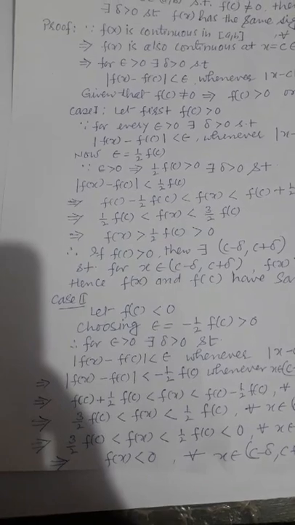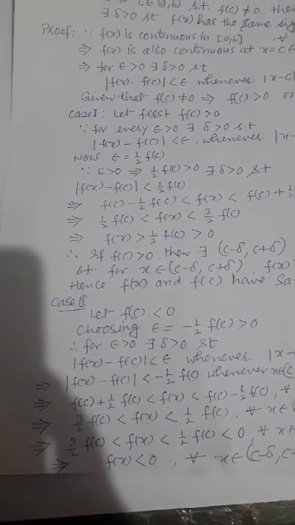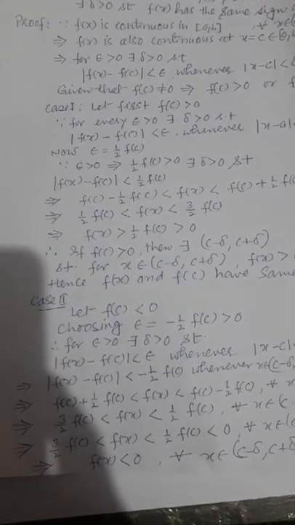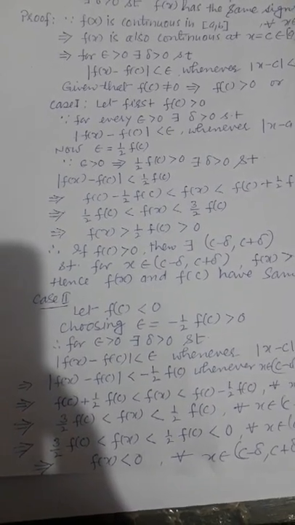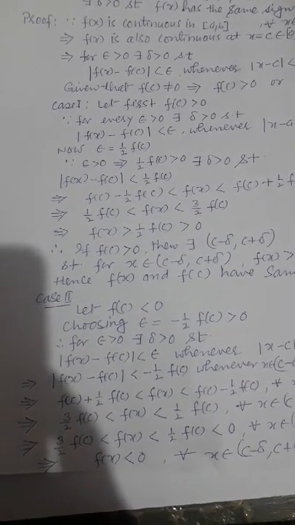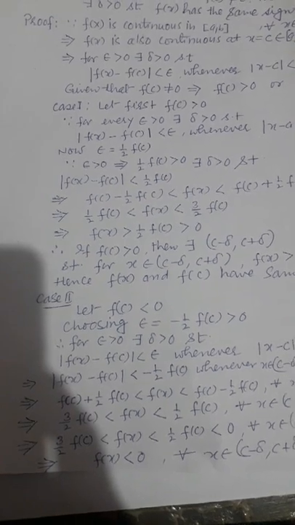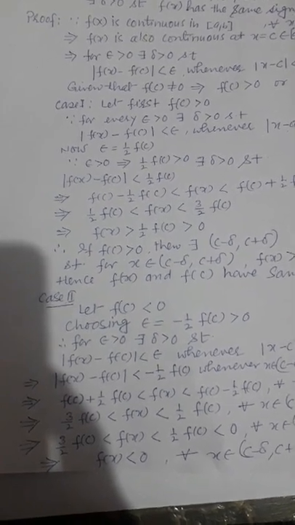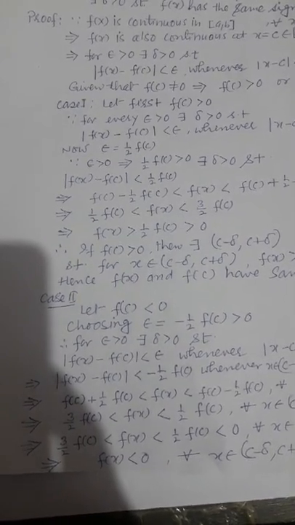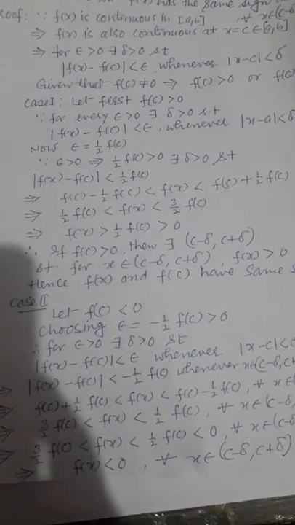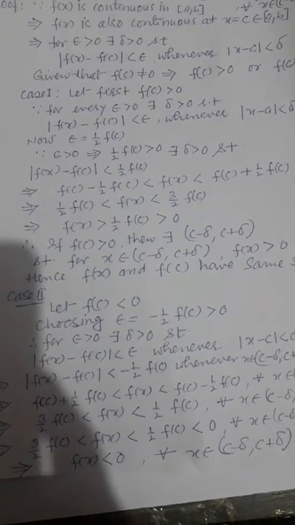So f(x) is continuous in the closed interval [a, b]. It means it is continuous at c, where c is any point of the open interval (a, b).